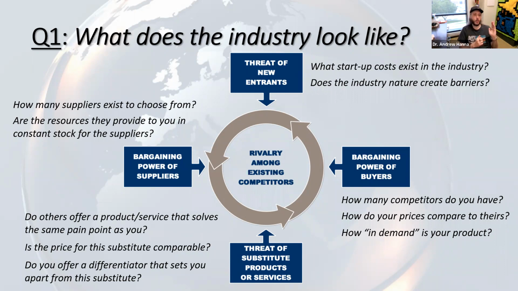Is this force weak? Is this force middle of the road, moderate, about average, or is it strong? And then finally, we have to determine whether the collective strength of all five of these forces together is creating an industry that's really conducive to earning good industry profitability.